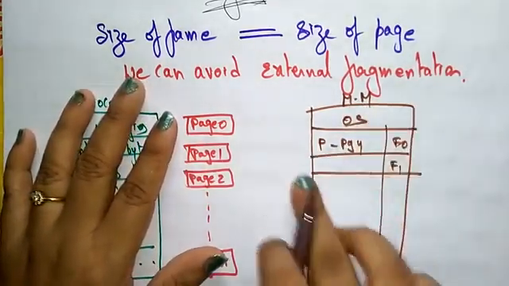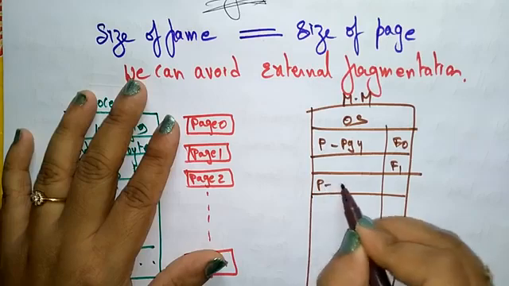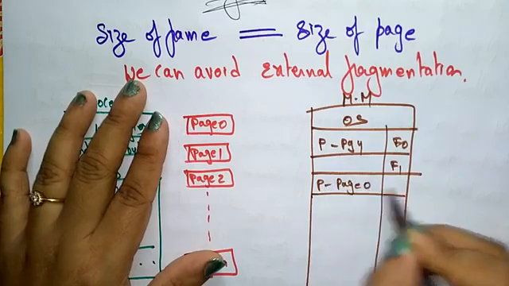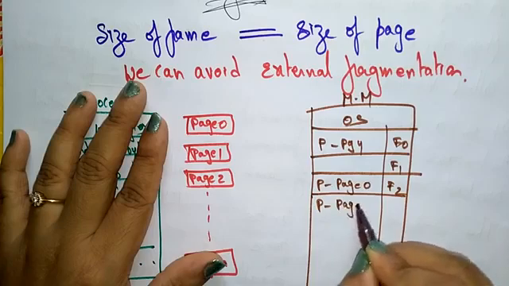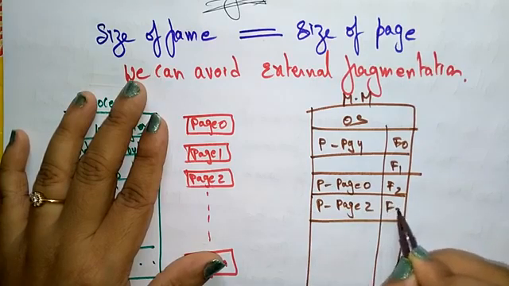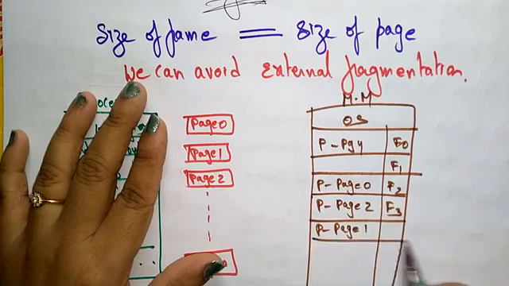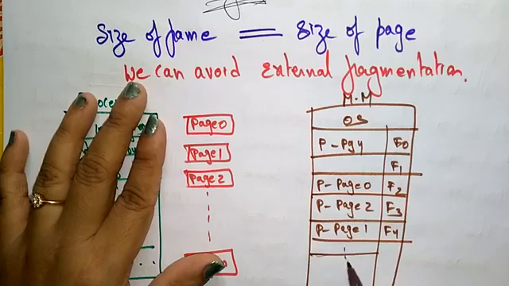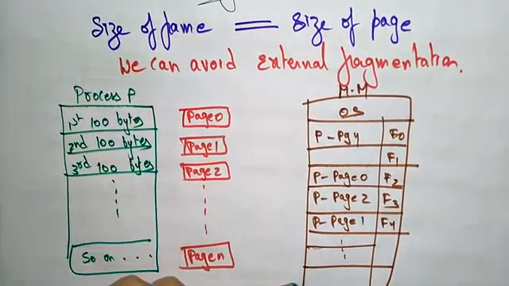The main memory is divided into frame 0, frame 1, and so on, and here it stores page 0, then page 2, then page 1, and like that, up to page n.